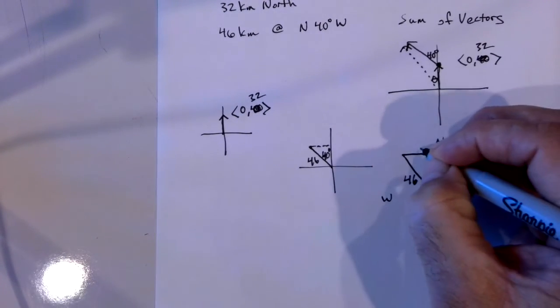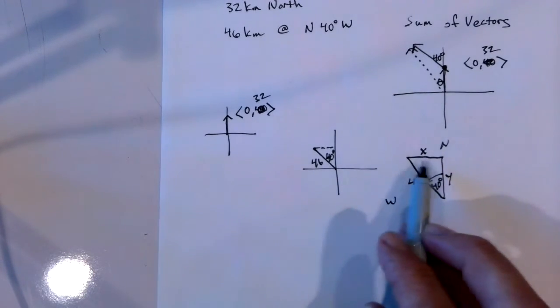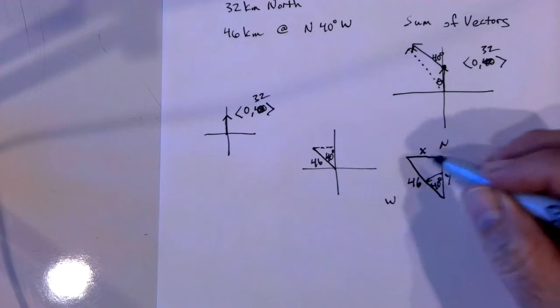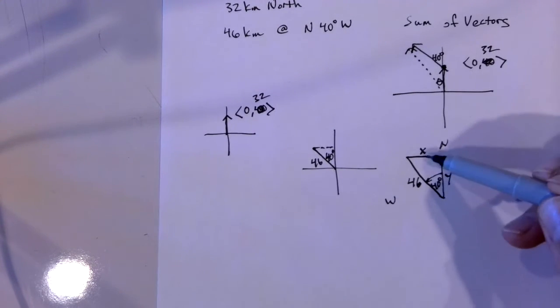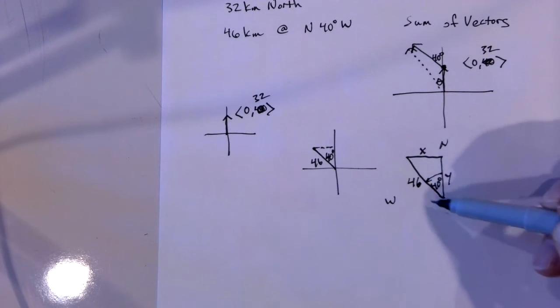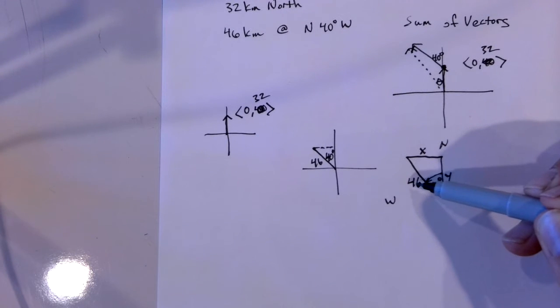And so I'm going to call this x, I'm going to call this y, meaning this is the horizontal component and this is the vertical component of the vector. And we're looking at this triangle. What we have is an opposite side right here, and then we have this hypotenuse. And what involves the opposite and the hypotenuse?